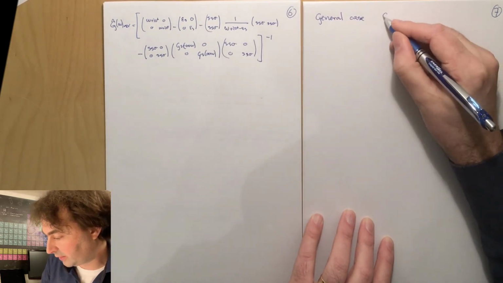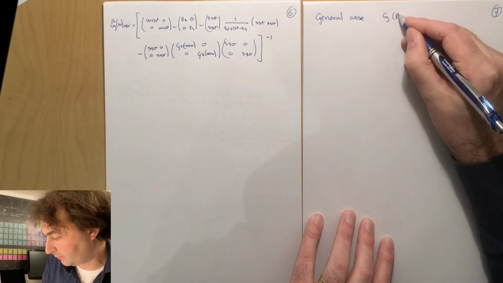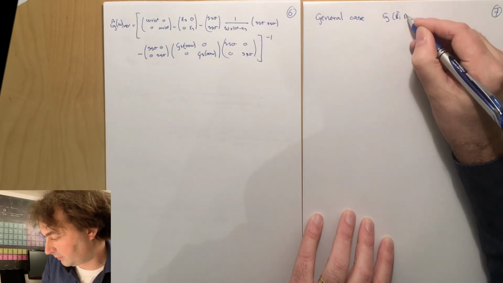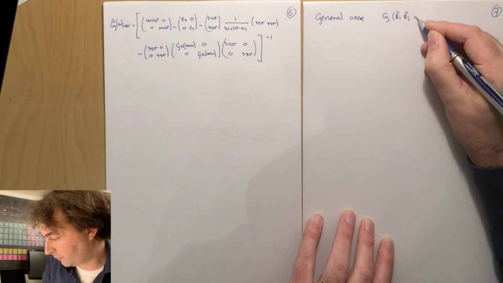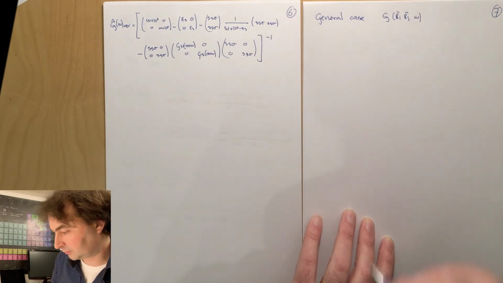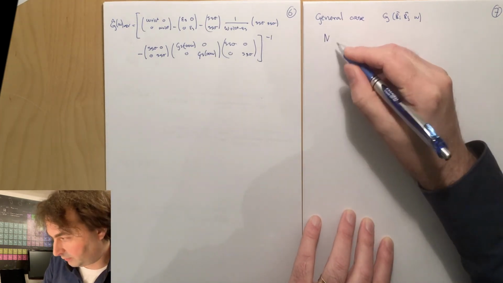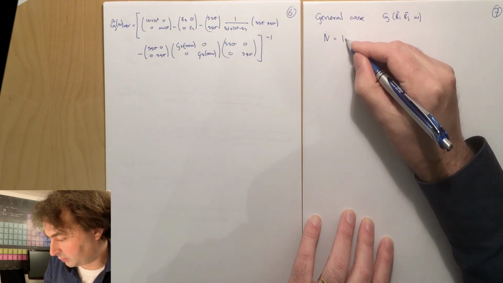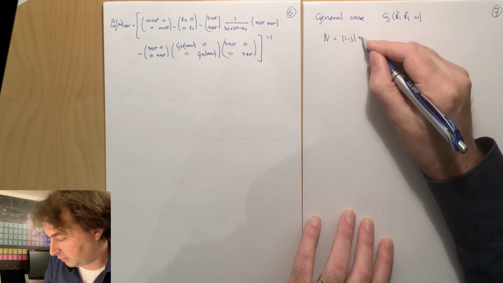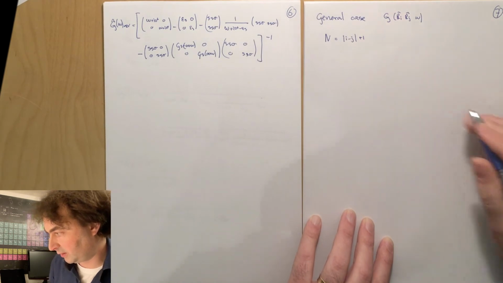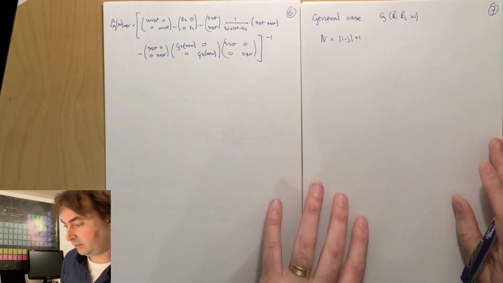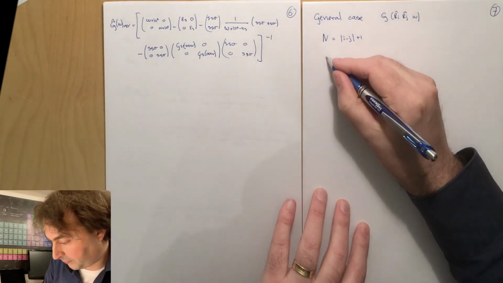So for the general case, we look at the Green's function R_i, R_j of omega. And we take that n is equal to i minus j plus 1, the length of the finite length chain that we have.